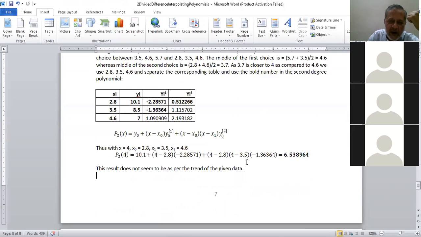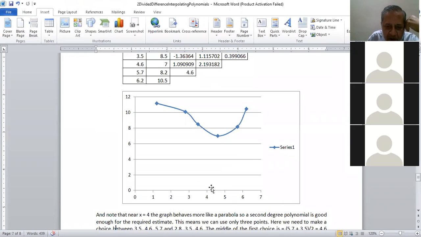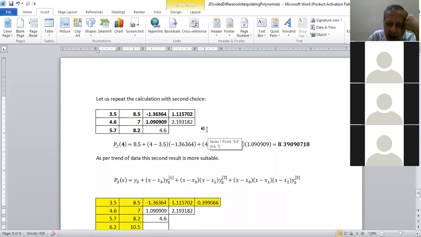Data scatter for x is equal to 4. For x is equal to 4, if I try to read the value, it's between 7 and 8. So अगर आपके पास रिजल्ट 8 भी आया है तो दैट इज नॉट रीजनेबल.